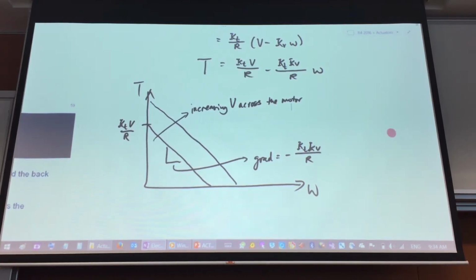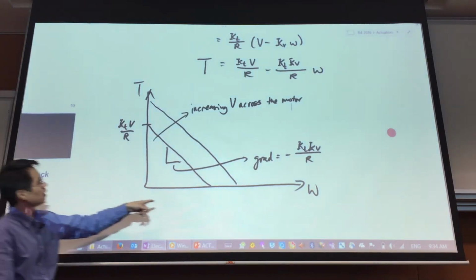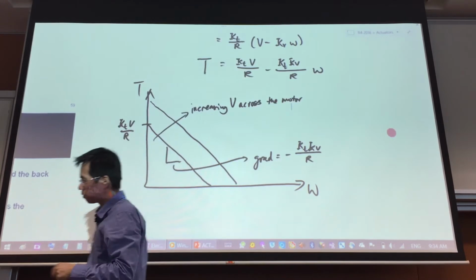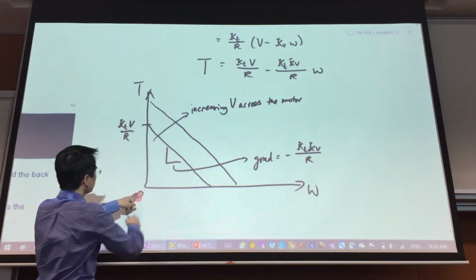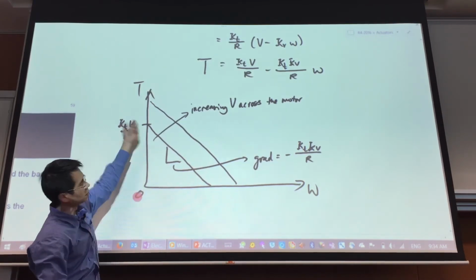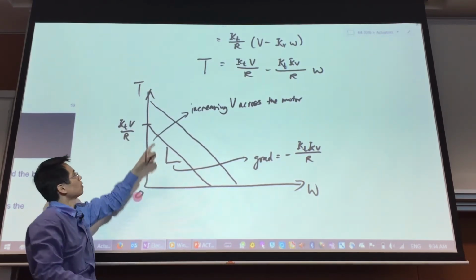At the other end of the spectrum, when you have very high rotational speed, angular velocity omega, you find that the amount of torque is very, very low. In fact, so low that it can be almost zero. So this line over here describes that. When omega is equal to zero, when there's no turning velocity, you can experience a high amount of torque.